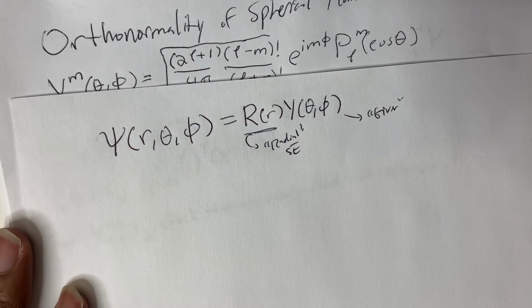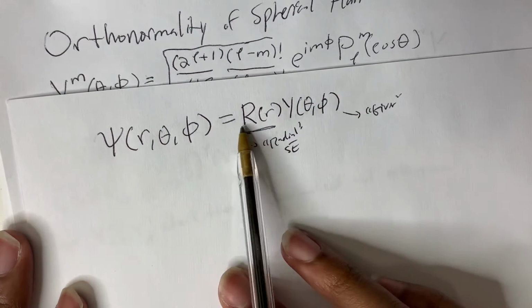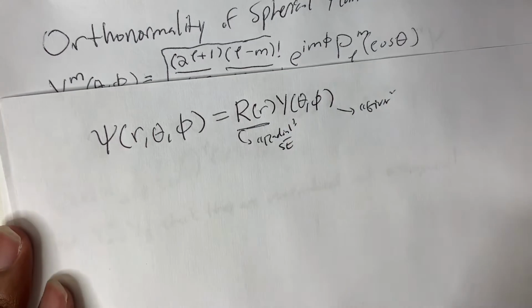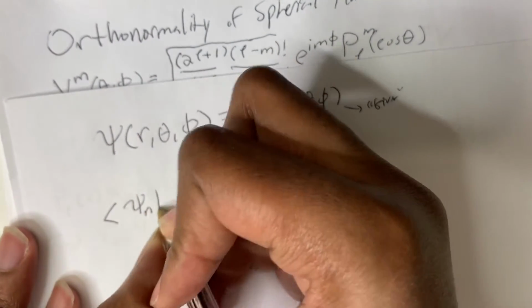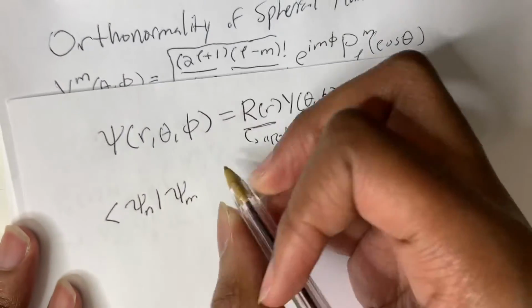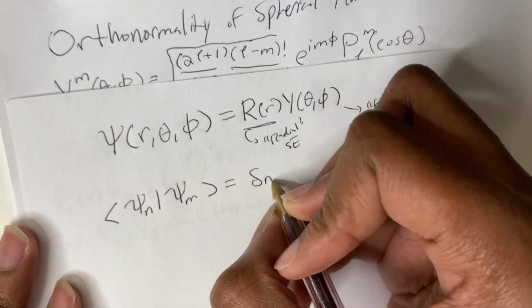Now, we know from quantum mechanics that the wave function has to be orthonormal. That is, the dot product of psi n and psi m has to be the Kronecker delta nm.